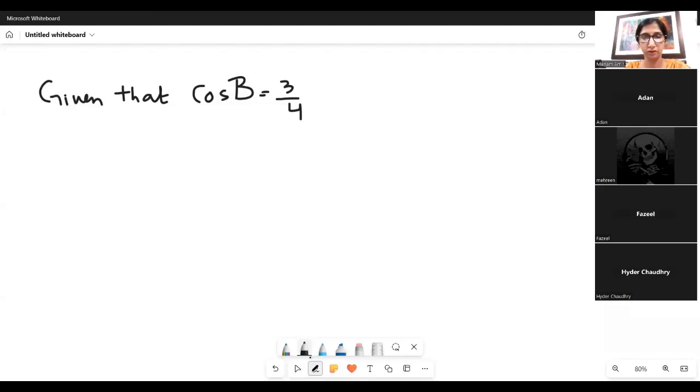So cos B equals 3 by 4, where B is acute.